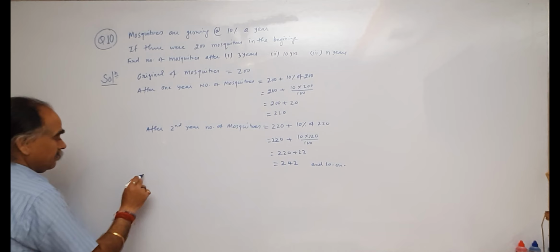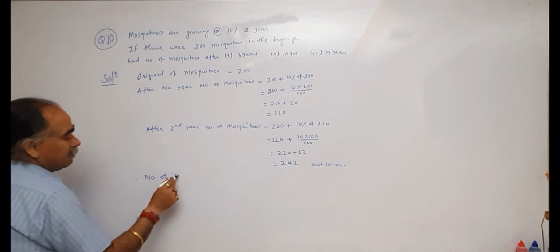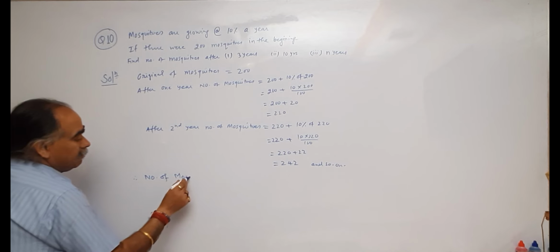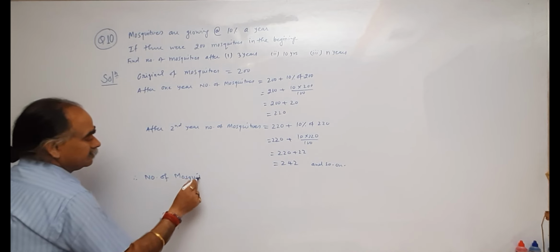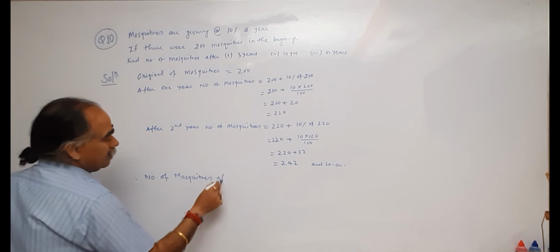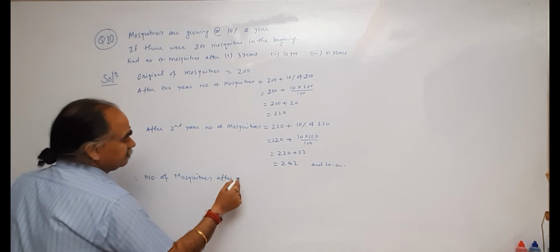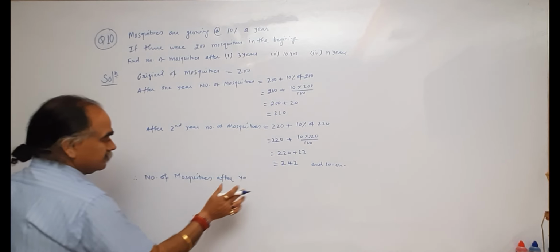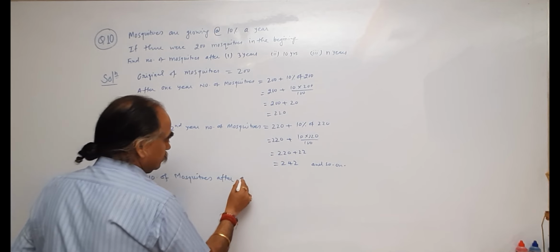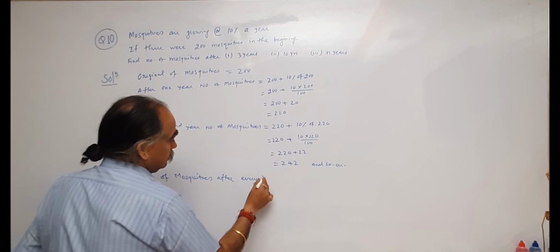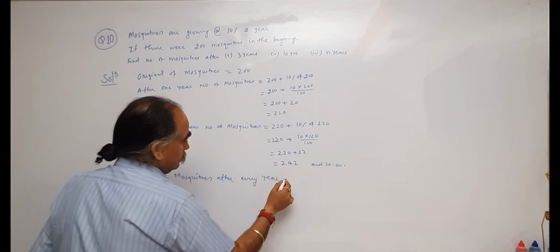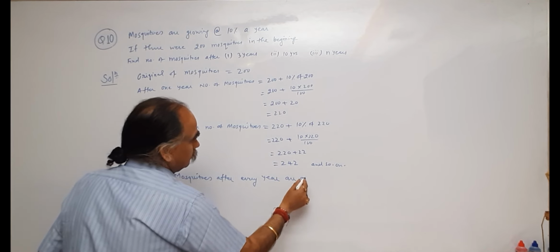Therefore, number of mosquitoes after every year are as follows.